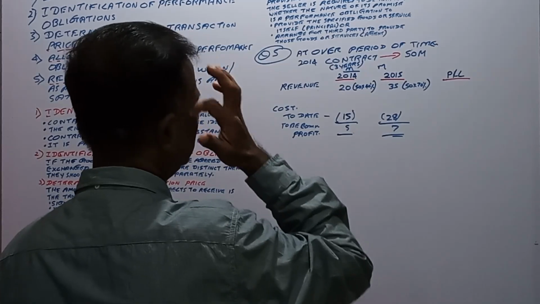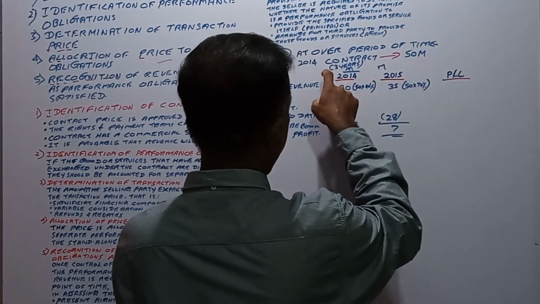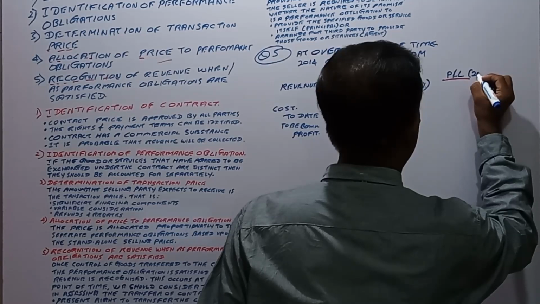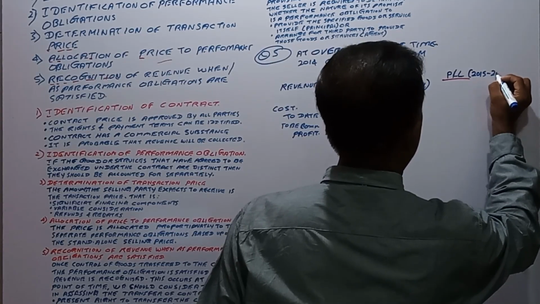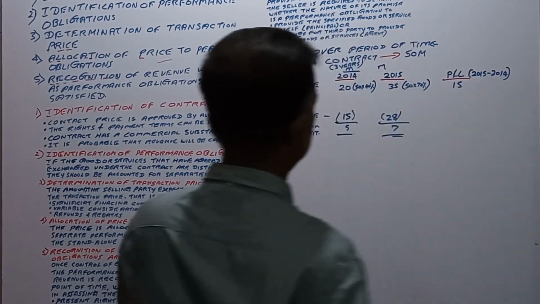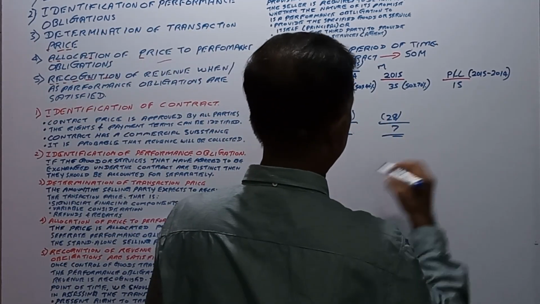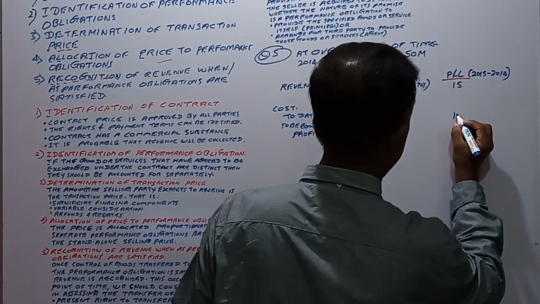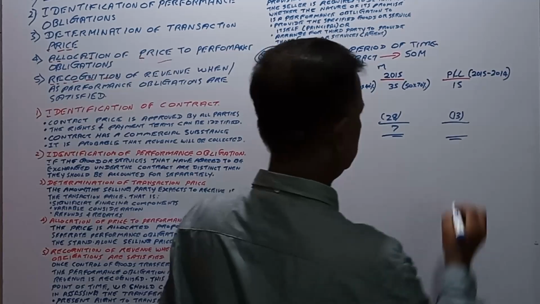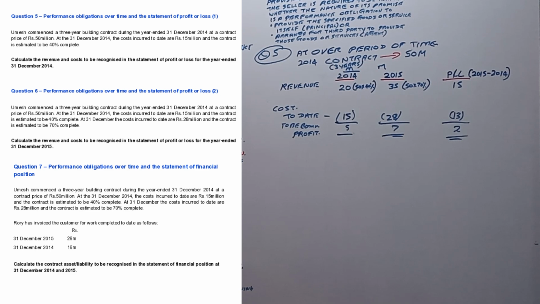So we have to work out the 2015 amount minus 2014: 35 minus 20 is 15. For cost, 28 minus 15 is 13. Then the profit is 2 million. 2 million has to be shown in our accounts.